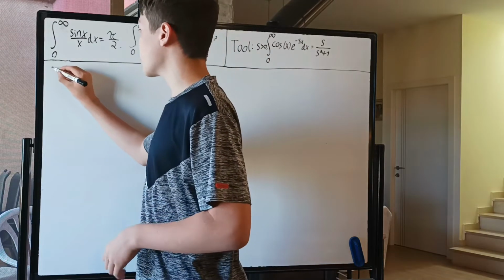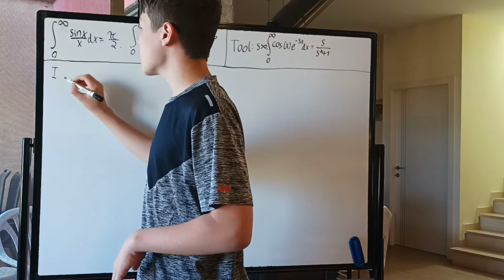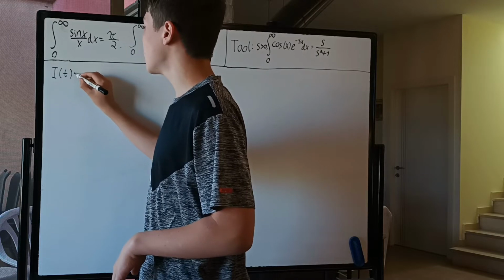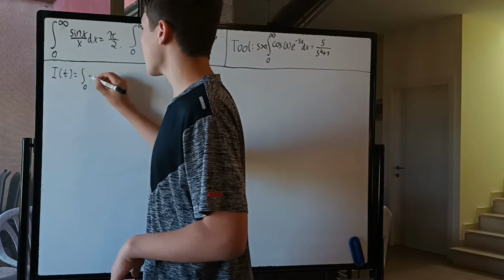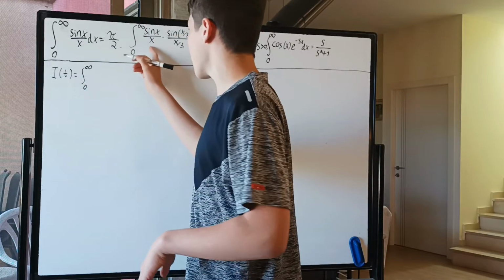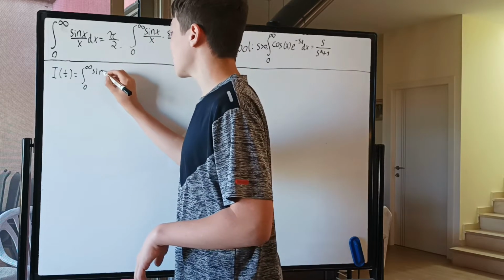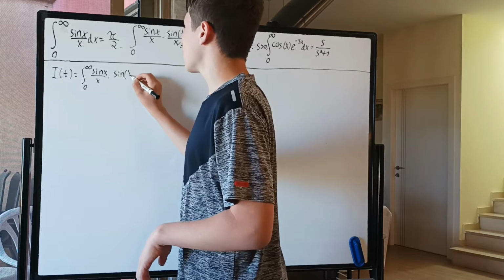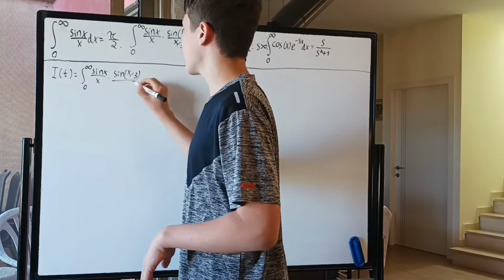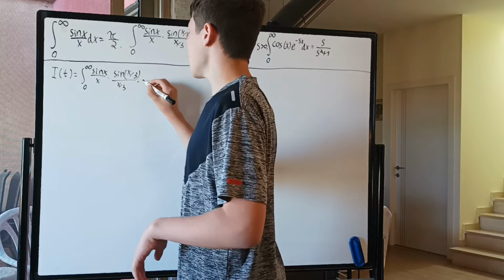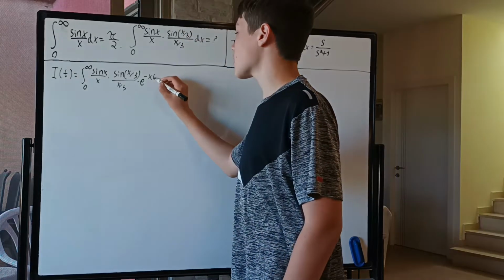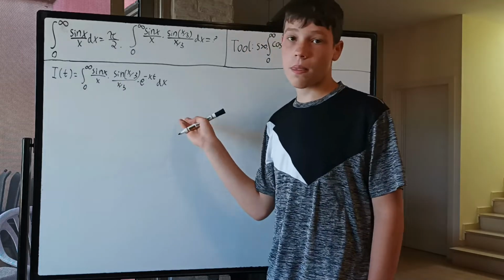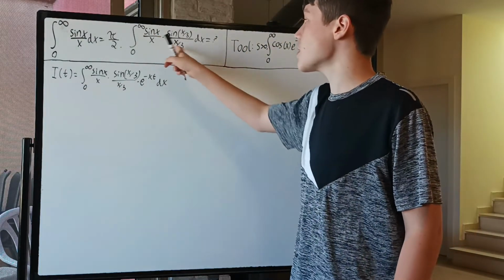Essentially, the trick is looking at the function I of t, which is the integral from 0 to infinity of this thing, sine x over x times sine x over 3 divided by x over 3 times e to the negative xt dx. This is called the Laplace form of this function.